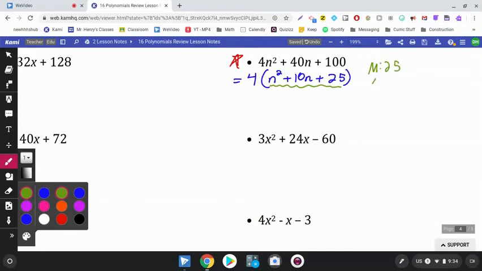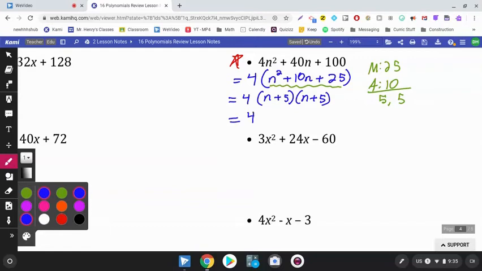Multiply to 25, add to 10. Oh, that's 5 and 5. 5 times 5 is 25. Yep, 5 plus 5 is 10. Perfect. So you'd have your 4, and then your two factors are n plus 5 and n plus 5. I factored that by inspection, and then I say, isn't that similar to something we did above when we were multiplying?